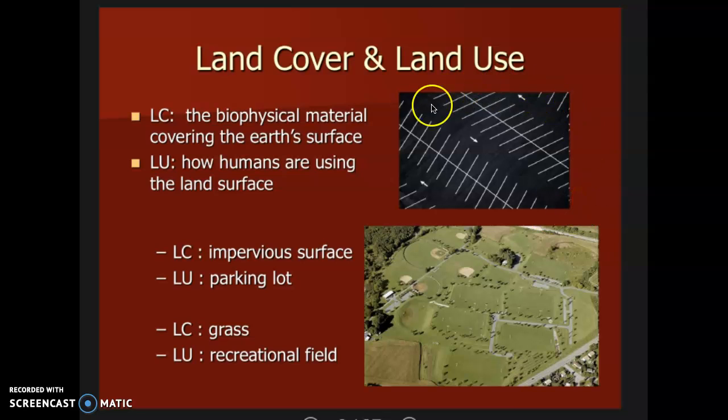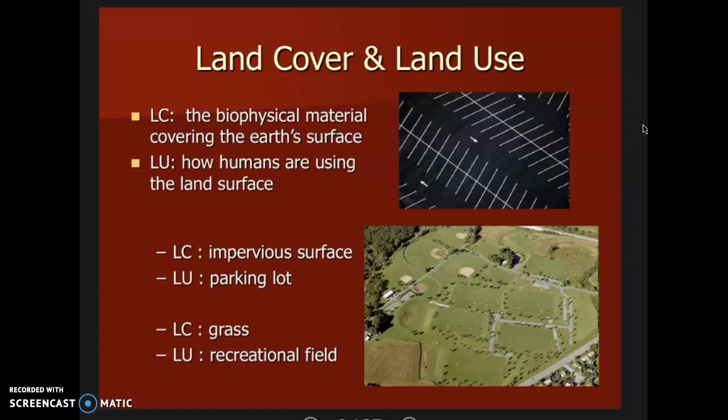This image up here, you probably knew immediately what it was, but the land cover, the biophysical material, is an impervious surface, right? It's some sort of asphalt. Probably asphalt, but it's impervious.